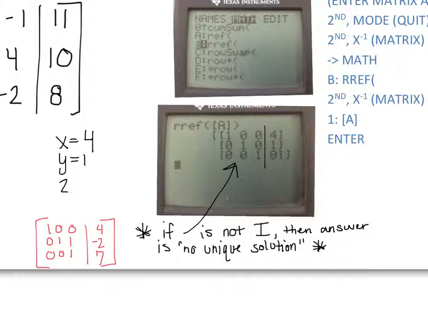And then the last row says Z equals 0. Okay, so that one didn't work because we didn't get a value for each variable alone. So this would be your answer, except we'll write it as 4, 1, 0.